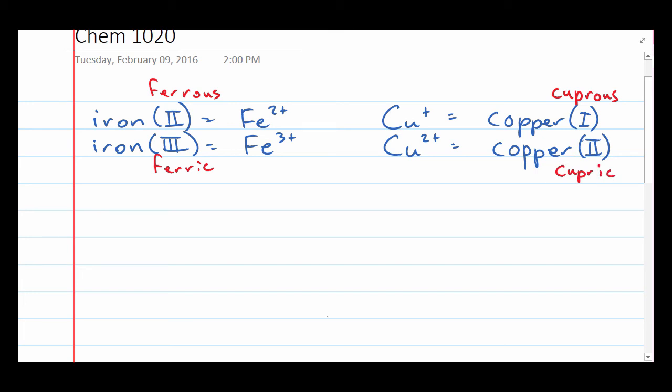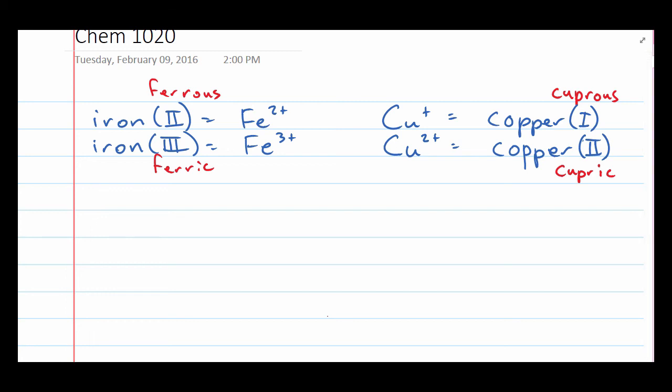Now the problem with these, well, first of all, where did these names come from, the ones in red? They're from the Latin names. And if we look at what the naming scheme is here, the lowest charge form was the one that had the OUS suffix on it, and the one that had the highest charge had an IC suffix on it. Same is true here. Lowest charge is OUS, highest charge is the IC suffix.